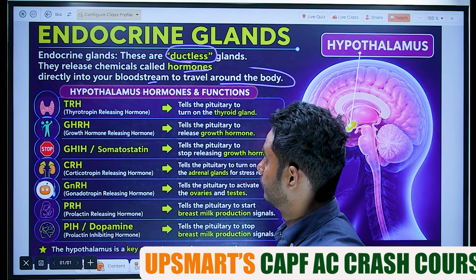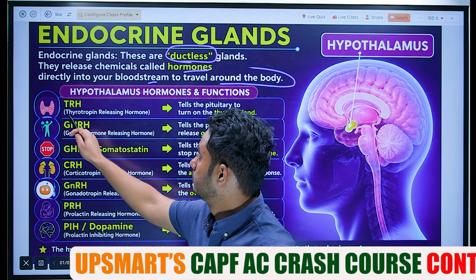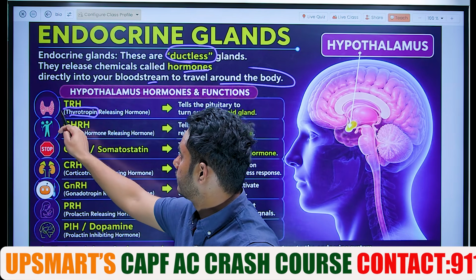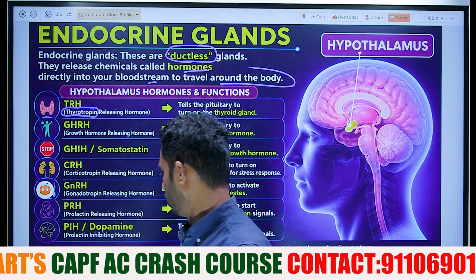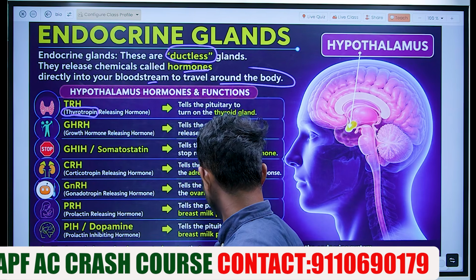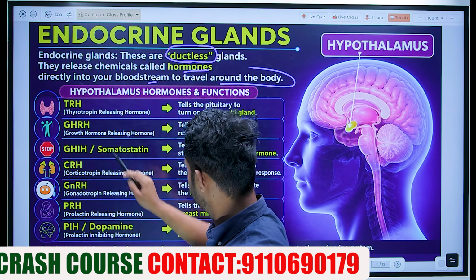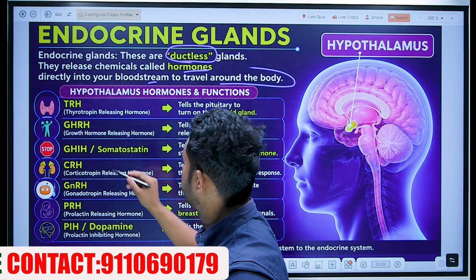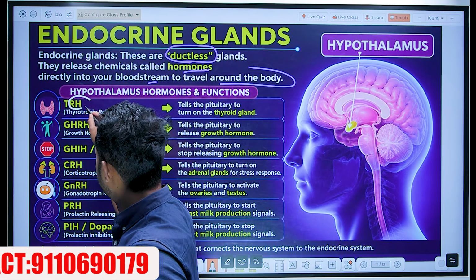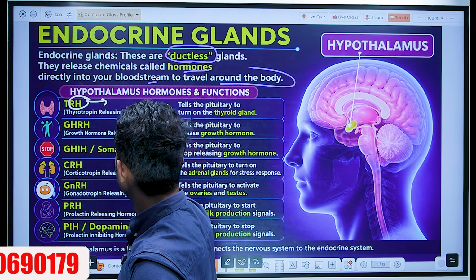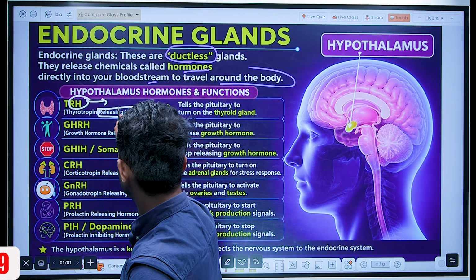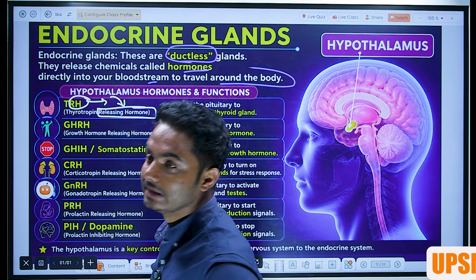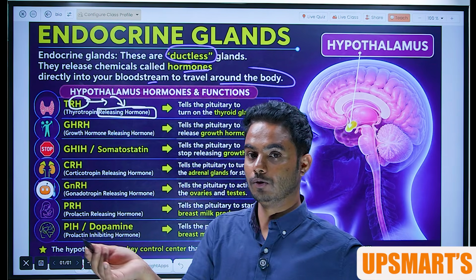Now the hormones and functions. Firstly, thyrotropin releasing hormone. Now, one more thing you have to understand is, whenever there are the letters RH, it is called a releasing hormone.